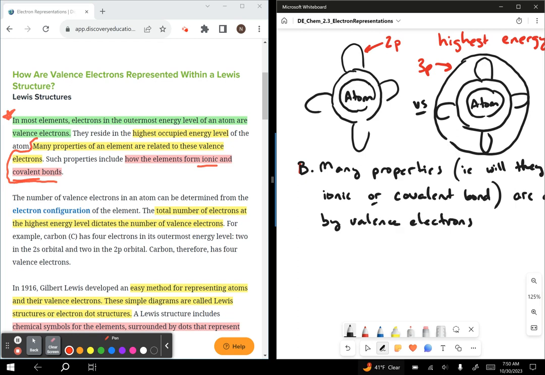Okay, so those outer electrons are pretty important. Going to paragraph number 2, the total number of electrons at the highest energy level dictates the number of valence electrons. That's kind of it right there.